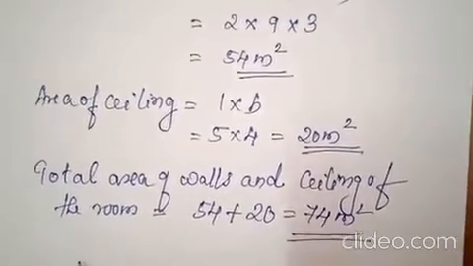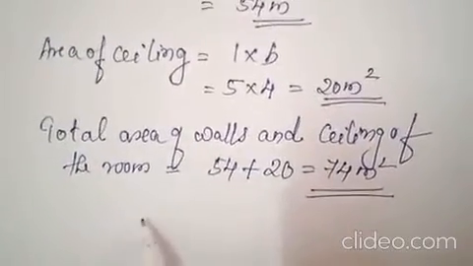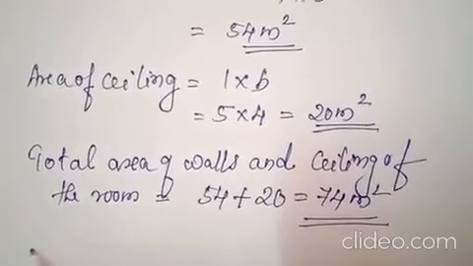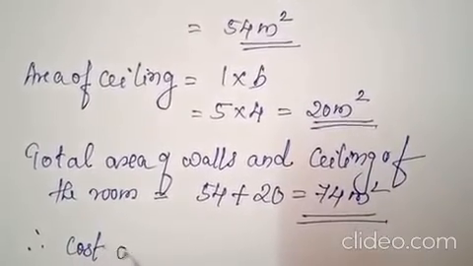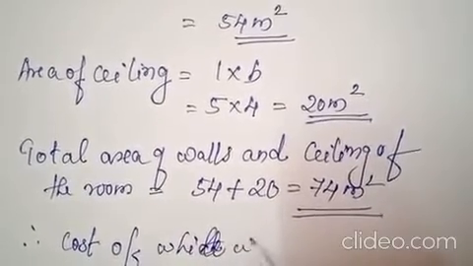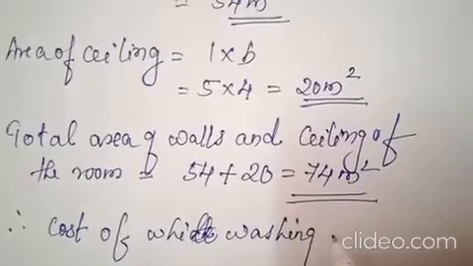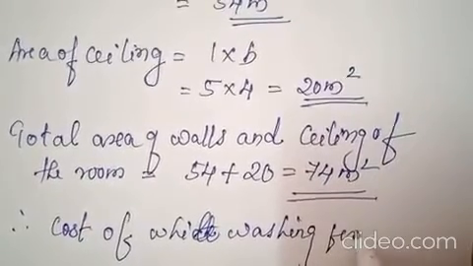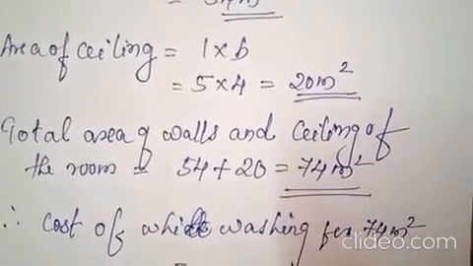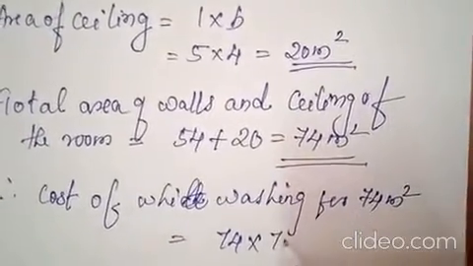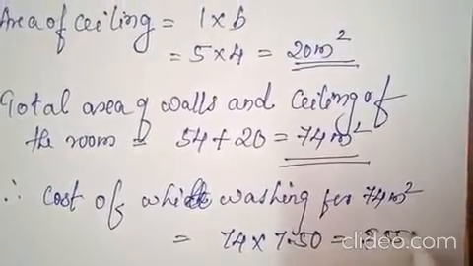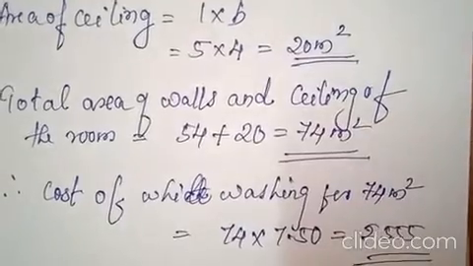Next, we know the cost of whitewashing 1 meter square equals rupees 7.50, they are given. So the cost of whitewashing, area is 74 meters square. How to find? 74 into 7.50. While multiplying you will get rupees 555.